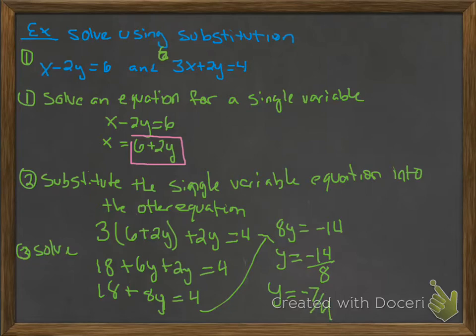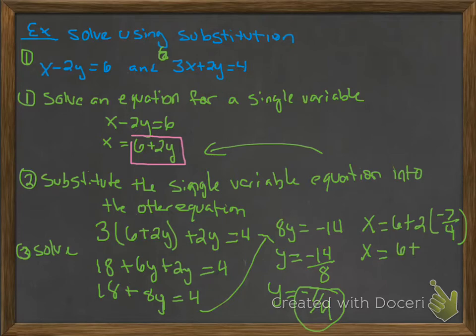So once I do that, I'm going to plug this back up into my equation where I solved and solve for x. So x is equal to 6 plus 2 times negative 7/4. That's x is equal to 6 plus negative 7/2.